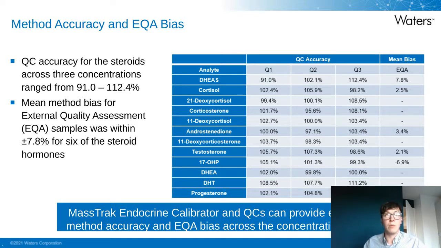And also we performed a Bland-Altman agreement on the data set. And this agreement for DHEAS, cortisol, androstenedione, testosterone, 17-OHP and progesterone provided a mean method bias that was within plus or minus 7.8%. And this does demonstrate excellent agreement with the EQA method values for the steroid hormones.